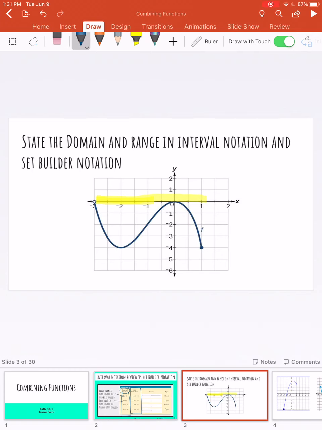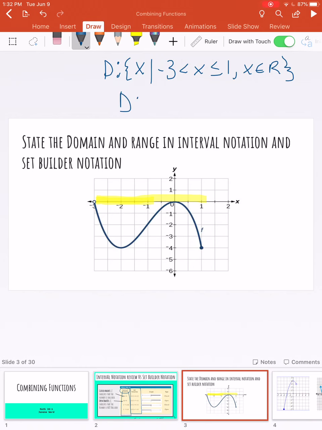So when I write my domain in set notation, I would say that x is greater than -3, but less than or equal to +1, where x is an element of all real numbers. If I wanted to write this domain in interval notation, I would use an open bracket, because it doesn't include -3, and a closed bracket at 1. So these mean the same thing.